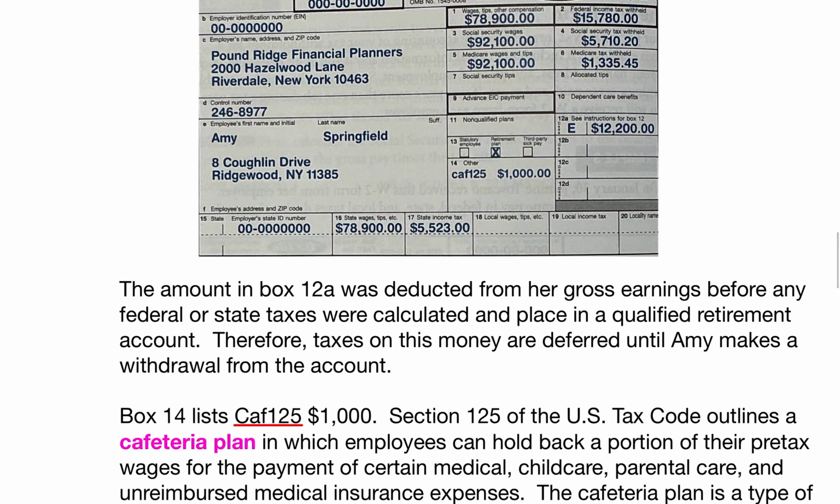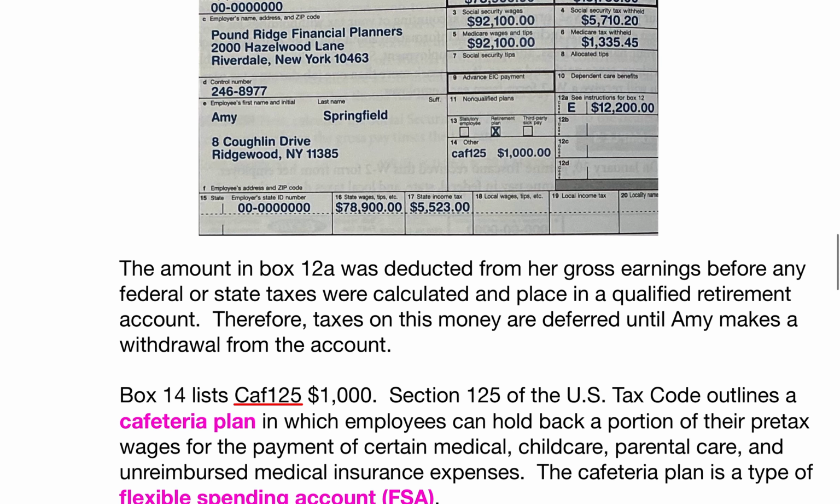And then the other item is in box 14. You'll see over here, it says CAF 125. This is called a cafeteria plan.